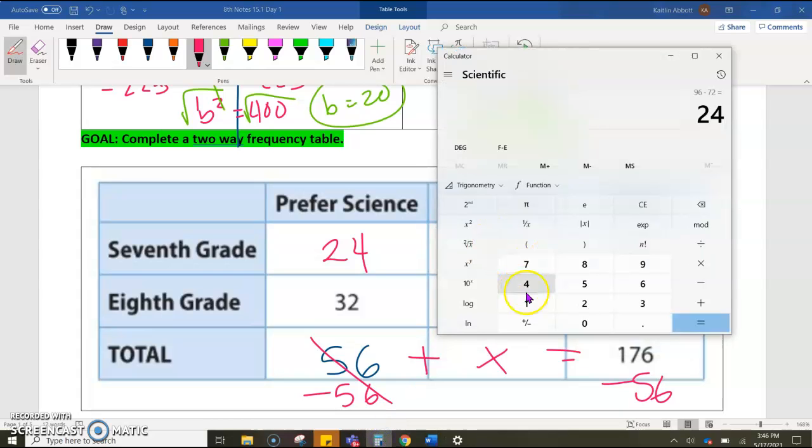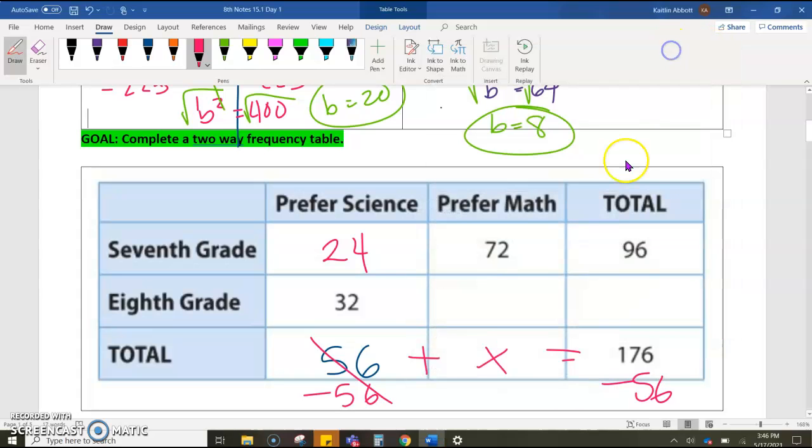So let's get 176 minus 56. Hey, I thought I cleared it. Third time's a charm. 120. So this number here, I'm going to erase all this.